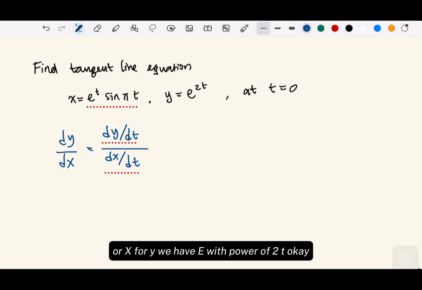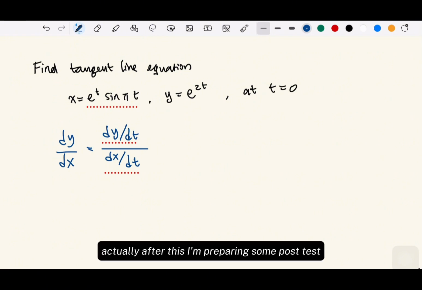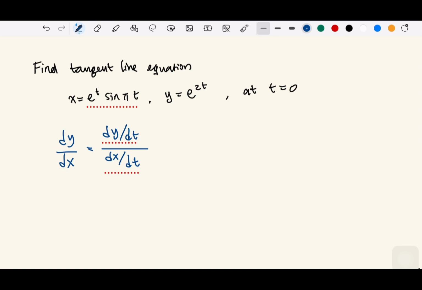For y, we have e to the power of 2t. Okay. Let me give you a couple of minutes to try. Actually, after this, I'm preparing some post tests, but I hope the time is sufficient. Yeah, I think time's okay.